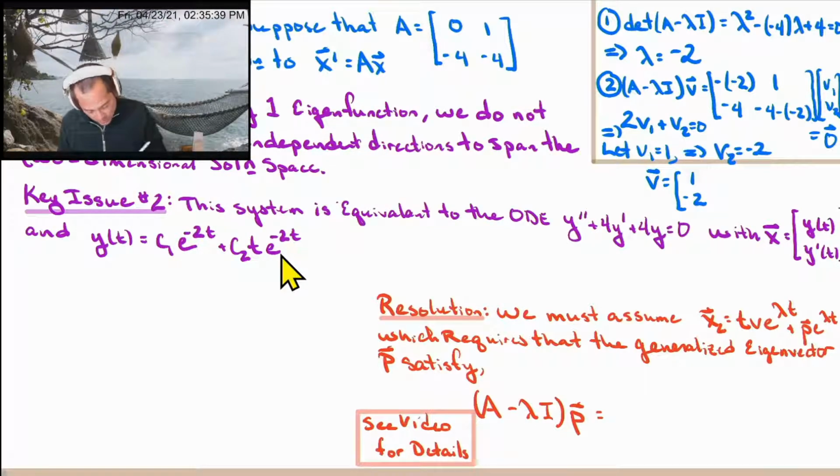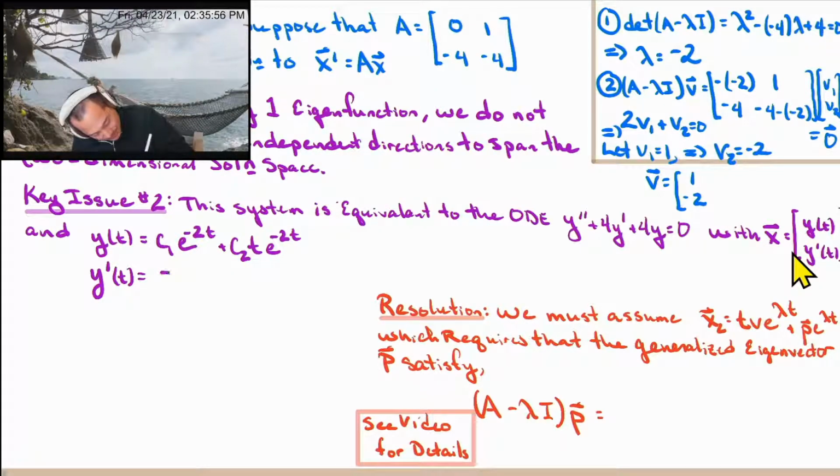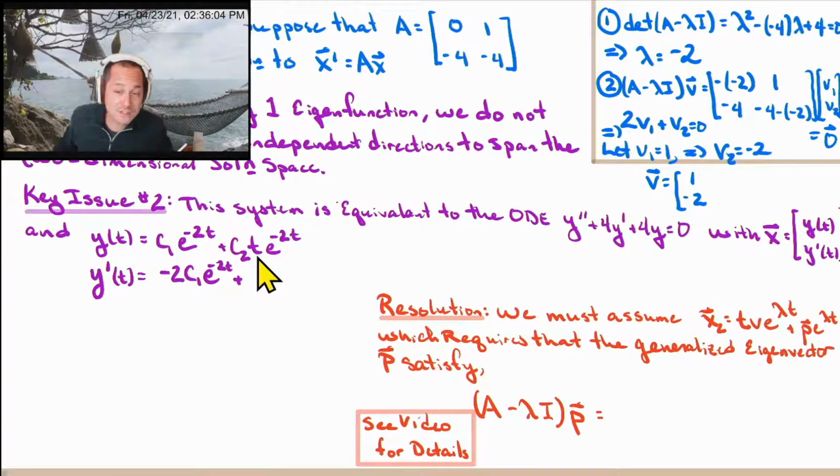And so if I am, in fact, on some meta level that we will get into, tracking y and y prime, two functions at the same time, my y prime would be, all right, let's just do it. Take the derivative. C1 doesn't care about that derivative, so I get negative 2 C1 e to the negative 2t plus, what am I going to have to do right here?